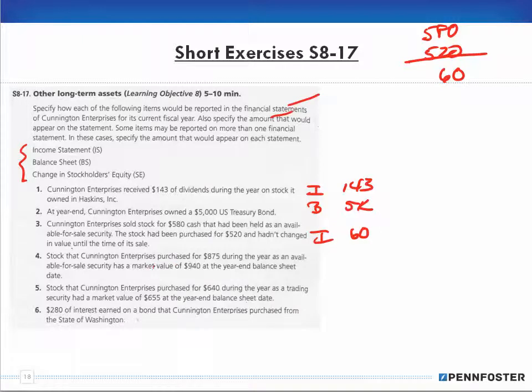Stock that Cunningham purchased for $875 during the year as an available for sale security has a market value of $940 at the year-end balance sheet date.